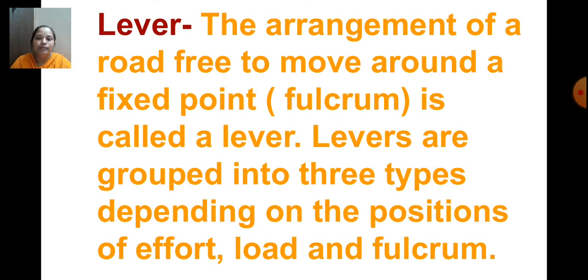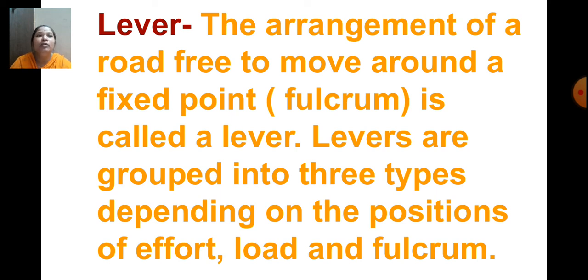Now, lever. We just saw how a lever works. The arrangement of a rod free to move around a fixed point is called a lever. As we saw, that fixed point is the fulcrum. What is a lever? Repeat with me.